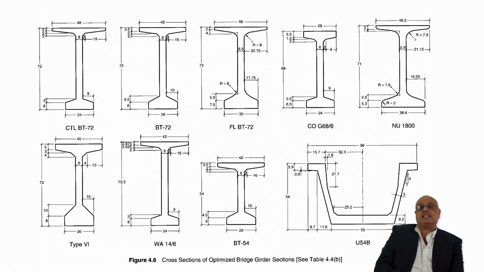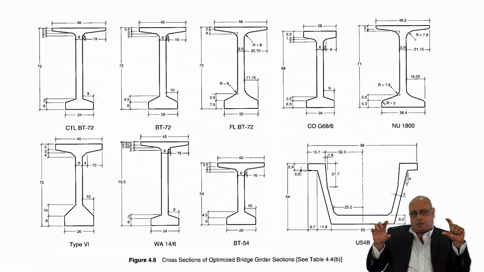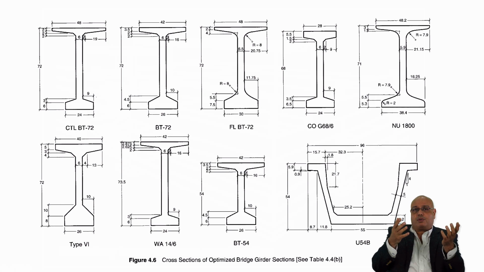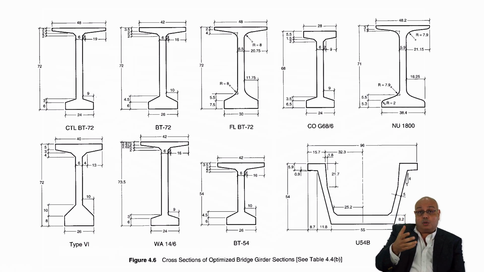And the reason is that you are applying a compression force to the concrete so that you can mitigate the cracking tendency of concrete girders. As you know, if you have plain concrete and you apply the load, the moment capacity is very small, because the concrete is going to reach cracking, which is f sub r, 7.5 square root of f'c, the modulus of rupture, very quickly.